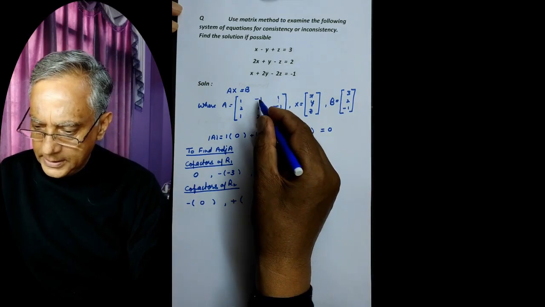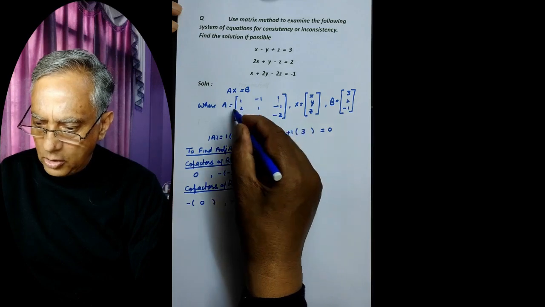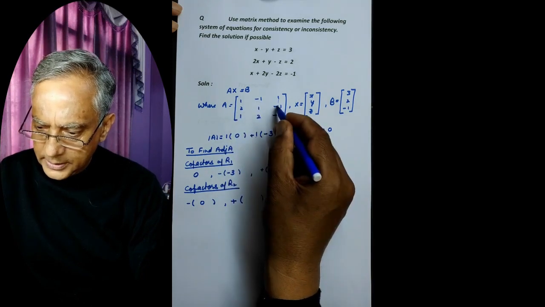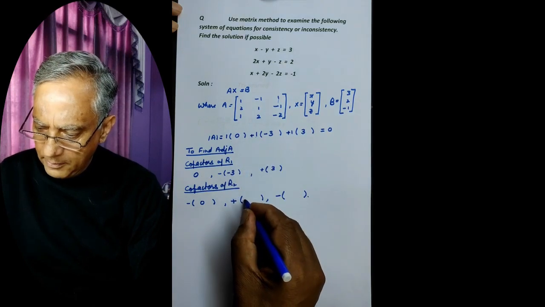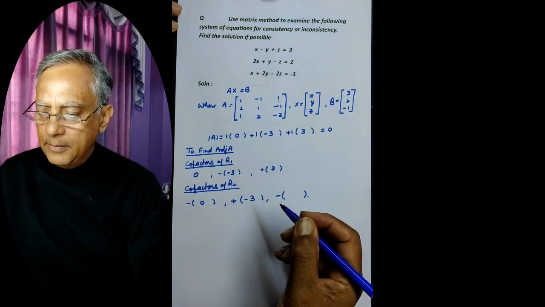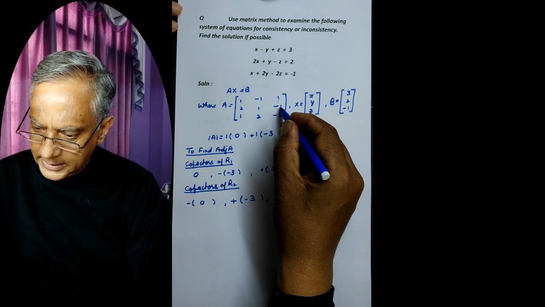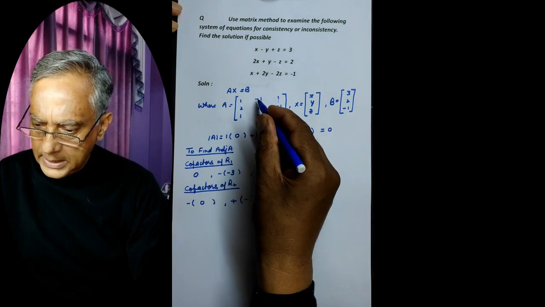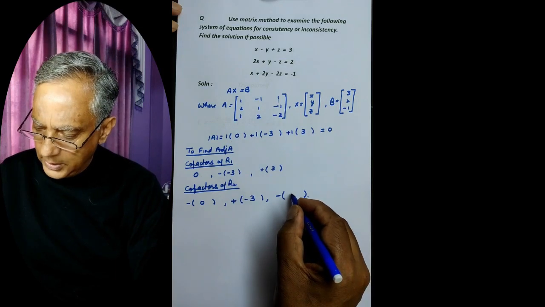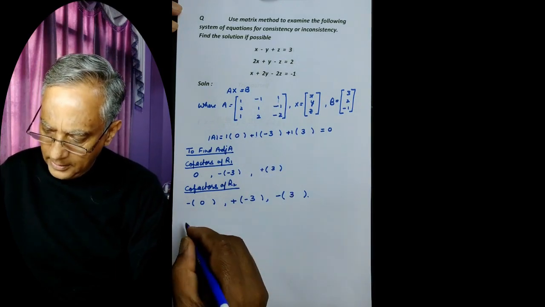Next will be this. Delete the row and column. This is gone, this is gone. We have minus 2 minus 1, which is minus 3. And next is this. Delete the row and column. So we will have 2 plus 1, which is 3.